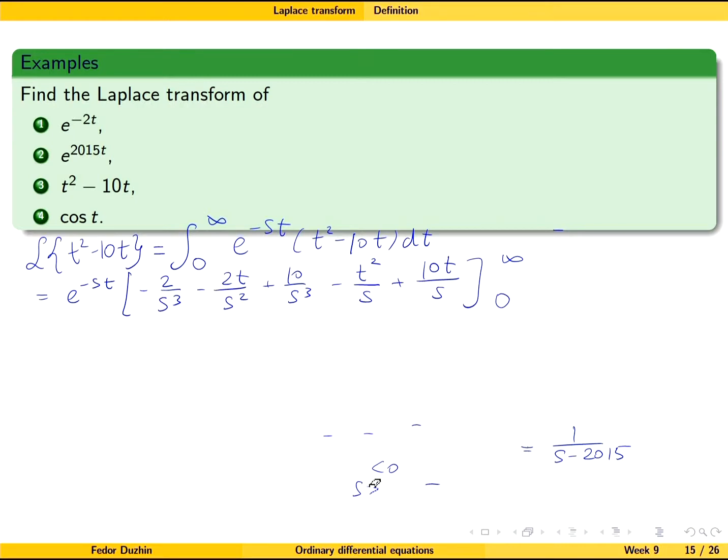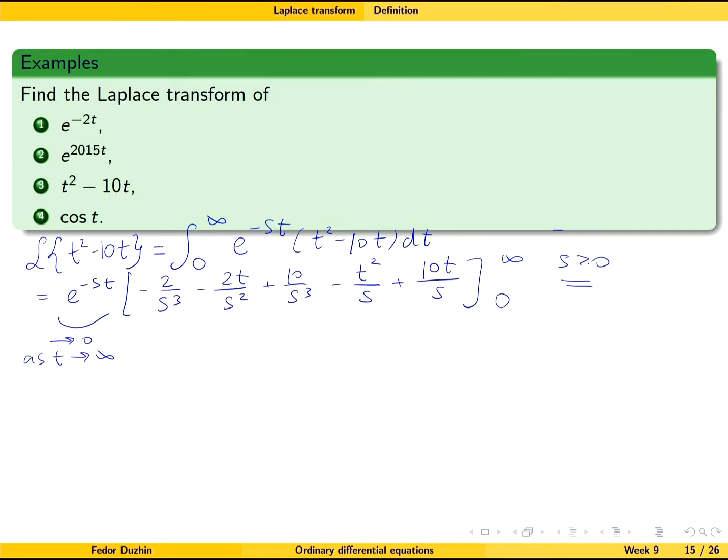Then we should take the change from 0 to infinity, but notice that when t approaches infinity, the only way for this to be defined is if this thing approaches 0 as t approaches infinity. In other words, for this to even be defined, s has to be positive, because if s is negative or 0, then the limit as t goes to infinity is infinite, so this expression does not make sense.